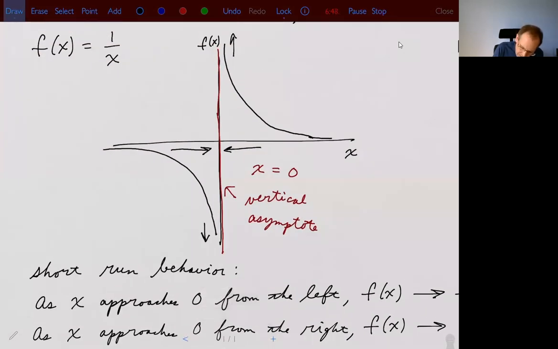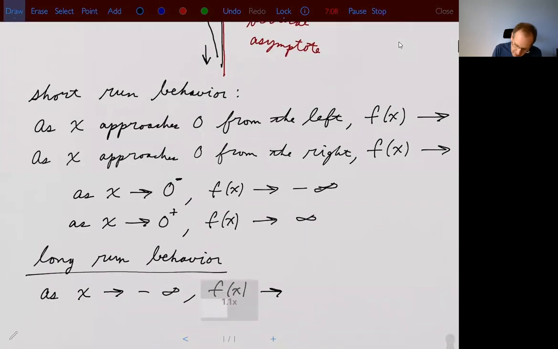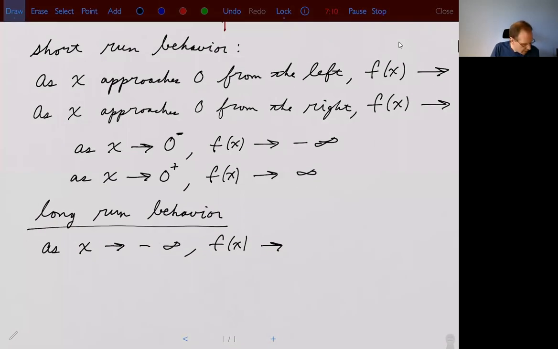So as x gets really, really, really small, as it approaches negative infinity, that function is getting closer and closer to 0. It never exactly reaches 0, but it's getting closer and closer to 0 from the negative side. So we can say that as x approaches negative infinity, the function itself is approaching 0.